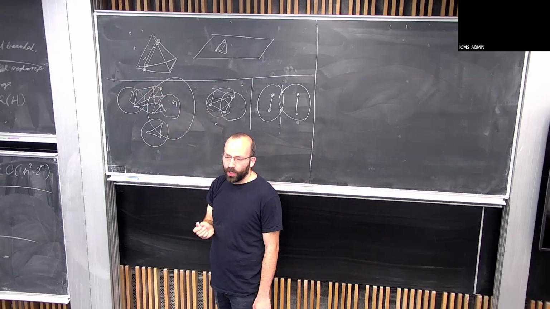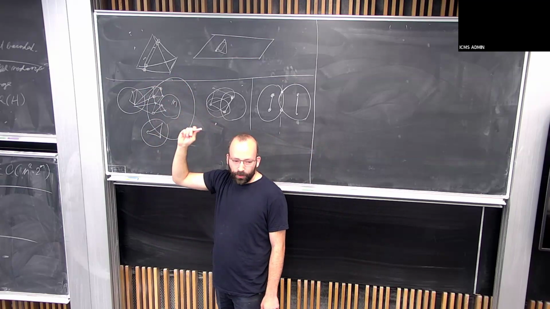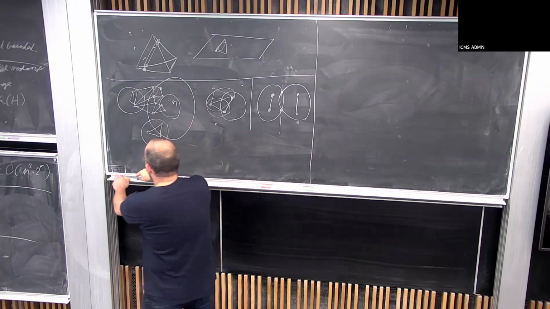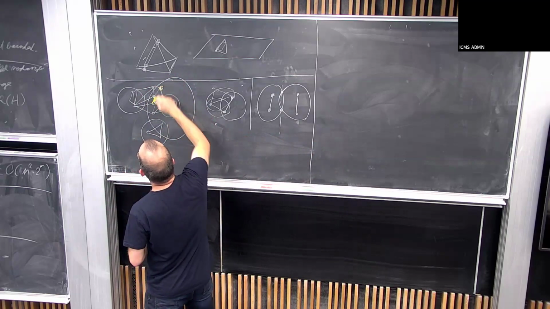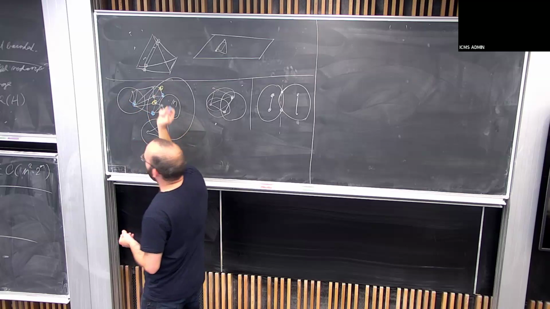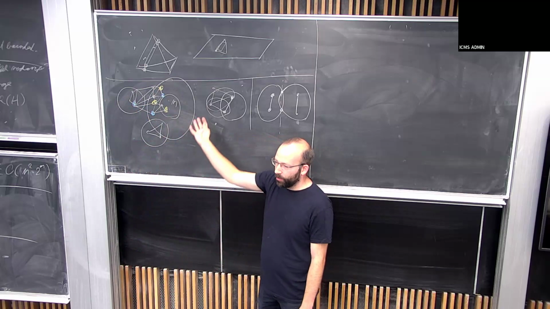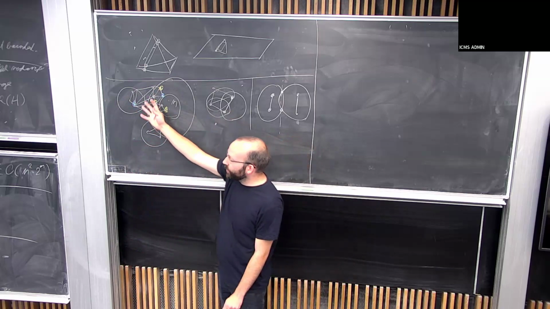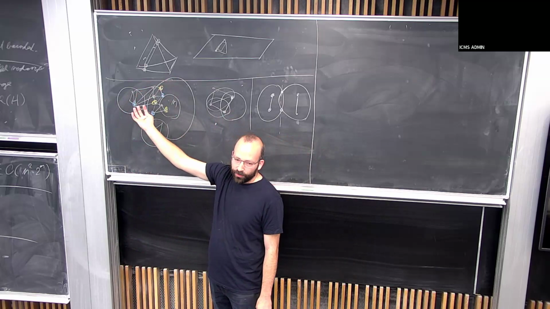Okay, and now I just use the 4-color theorem. The 4-color theorem colors this triangulation with 4 colors, and then I have a 4-coloring for my geometric hypergraph. So if I have a set of points, I take the Delaunay triangulation and color it with 4 colors using the 4-color theorem.